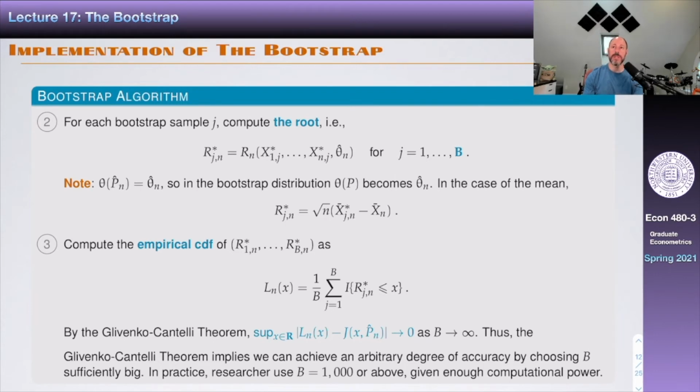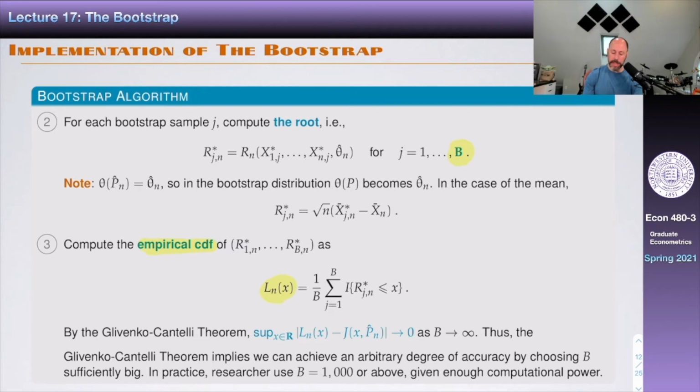So how many times are you computing this object? B times, because you have B samples. For each of these, you just go and compute this r j star n. Once you have all these B values for this root, you're going to compute the empirical CDF of this, which I'm going to call L n of x, which is just 1 over B, the sum over j from 1 through B, of the indicator that these roots are less than or equal to some value x.